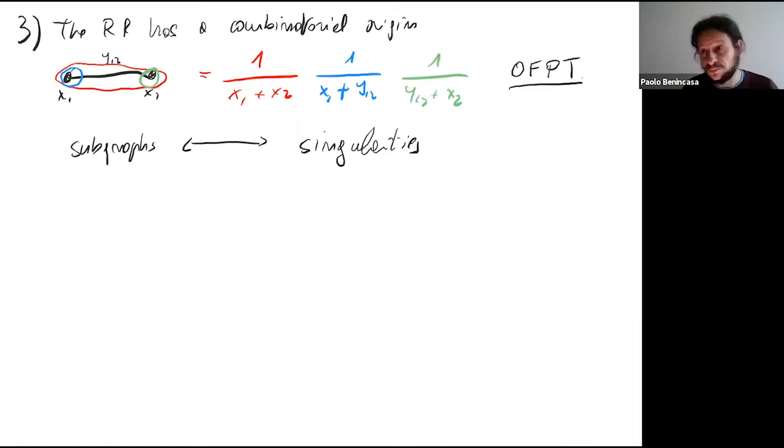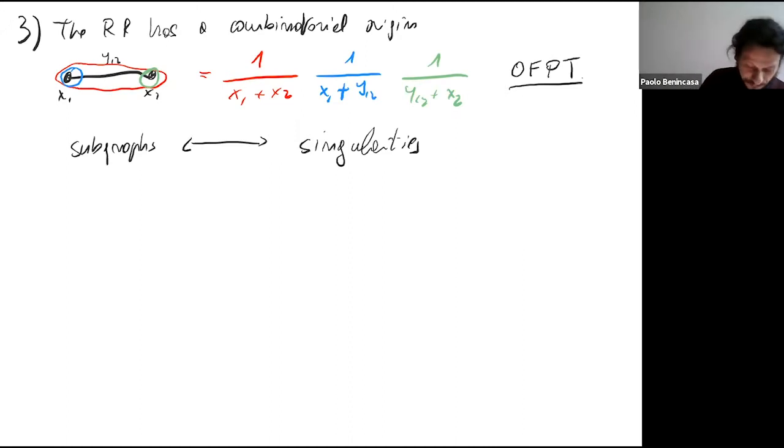And the fact that this perturbation theory is concerned just with physical poles guarantees that, given an arbitrarily complicated graph, if you want to know where the singularities of this graph are, you have to look at the subgraphs and associate to each the inverse of the sum of the energies.